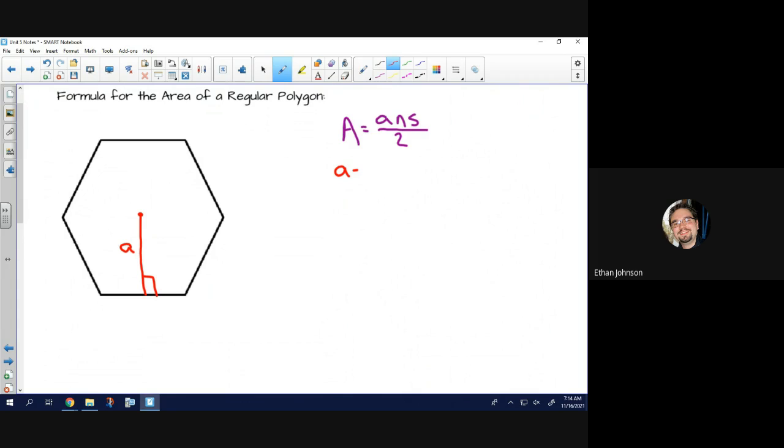A is our apothem. N is the number of sides. And S is side length. So those are the three things that we are going to need to find the area of a polygon.